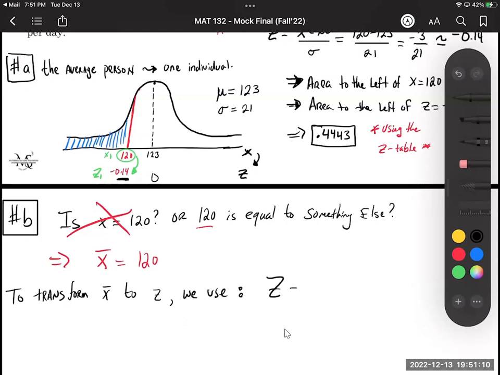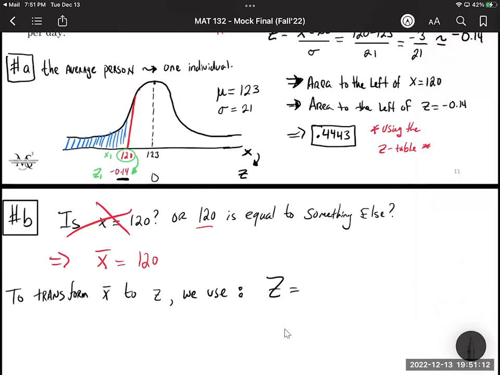We say z is equal to what? Does anybody know the formula? X bar minus the mean divided by the standard deviation divided by the square root of n. That's right.